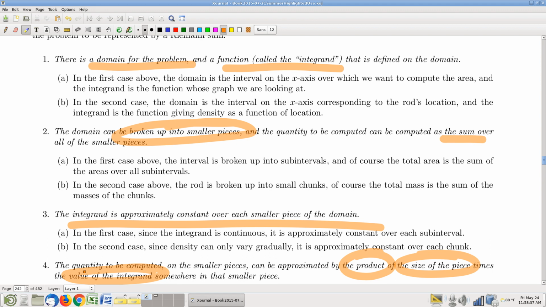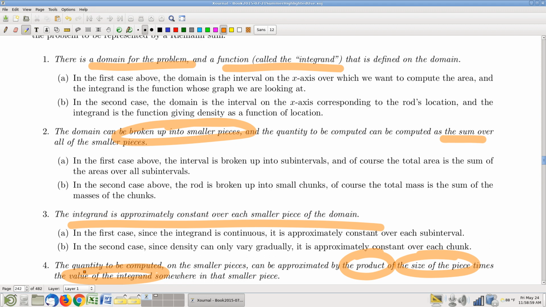Okay. Now, I want to draw your attention to something that's conspicuously missing from these four properties. Conspicuously absent is the idea that size must be length. Right? That the domain must be one-dimensional. The domain must be an interval on the x-axis. It's not on the list.